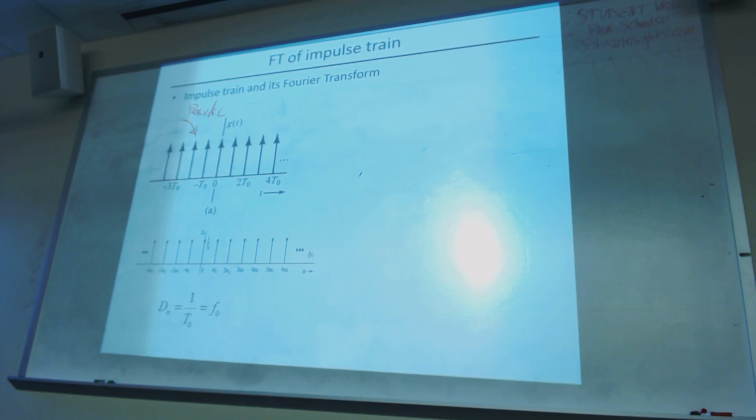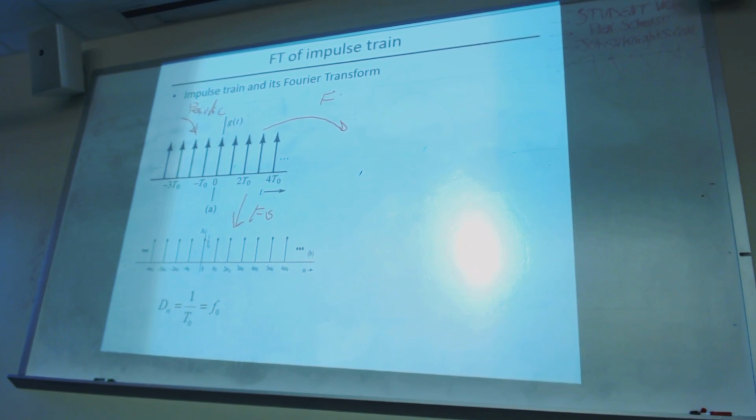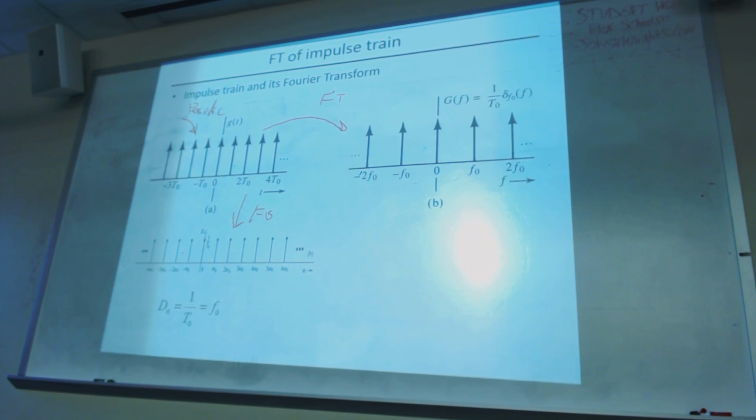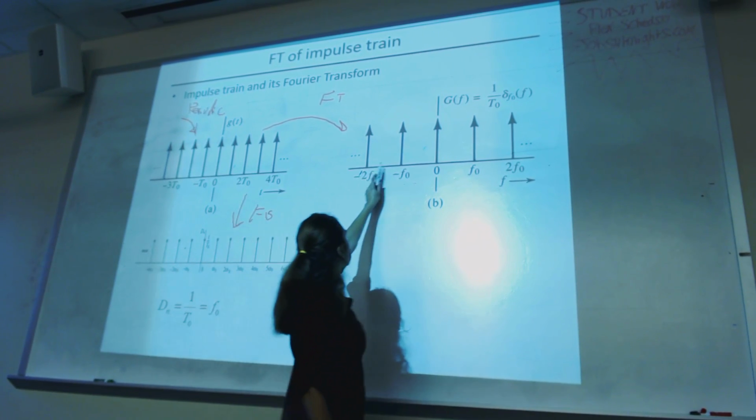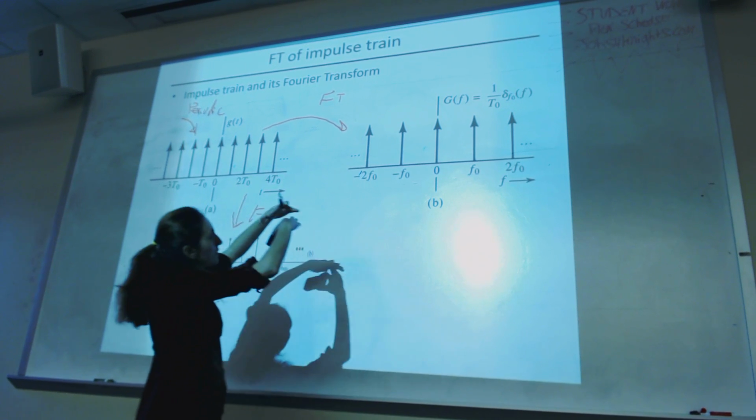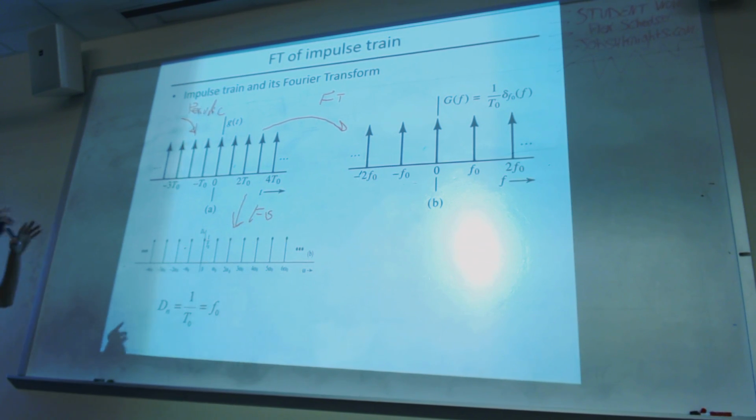Now, based on what we have said right now, if you take the Fourier transform, so this is the Fourier series, what do you think we have for the Fourier transform? The same thing, instead of dots, you have deltas. So you have these impulses. And the height of them, all of them the same, meaning again the area, you know that the height of the impulse means the area or energy.